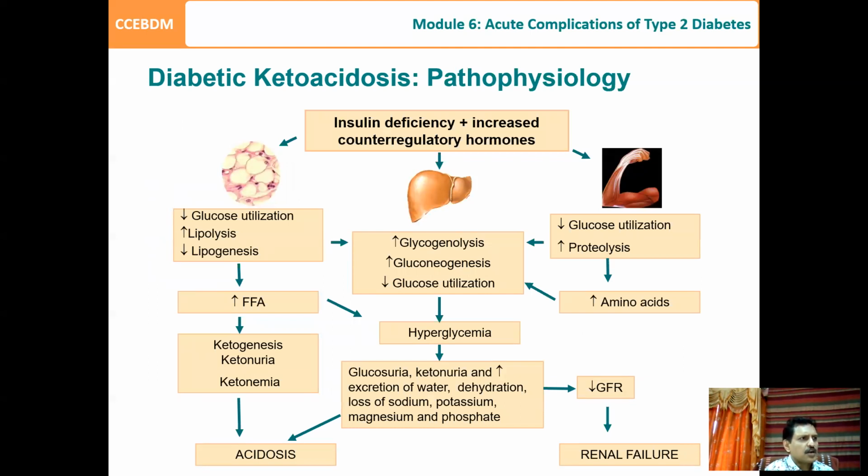Now let us come to the pathophysiology of diabetic ketoacidosis, why it occurs. We have to understand that glucose is a very, very important fuel, or we can say glucose is the only fuel in some tissues, importantly the brain. Fortunately, the entry of glucose into the brain doesn't depend on insulin.